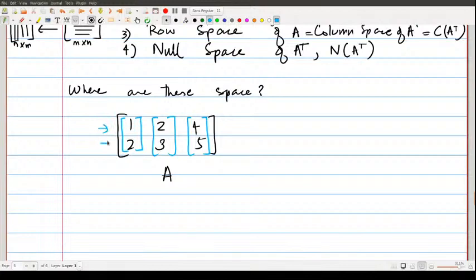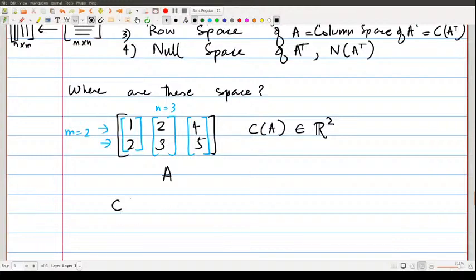So if this is an m equals 2 and n equals 3 matrix, there are three vectors in R2. All of these vectors belong to R2, which means the column space of A is going to be a subspace of R2.